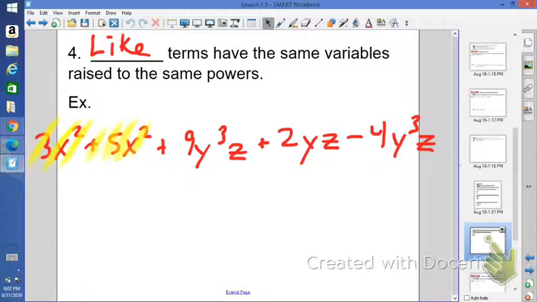In the same way, 9y cubed z and negative 4y cubed z. Alright, so those are also like terms because their variables are raised to the same power.